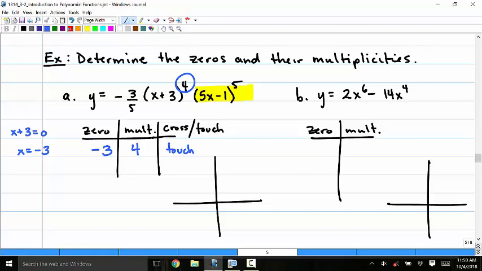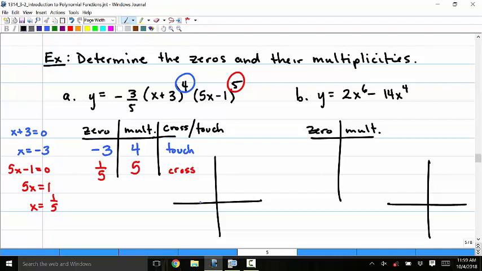If I set 5x minus 1 equal to 0, 5x equals 1, x equals 1/5. My zero is 1/5. What is its multiplicity? 5. So it's going to cross at x equals 1/5.